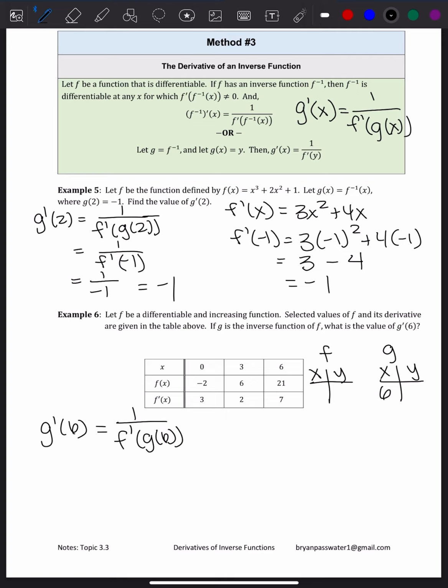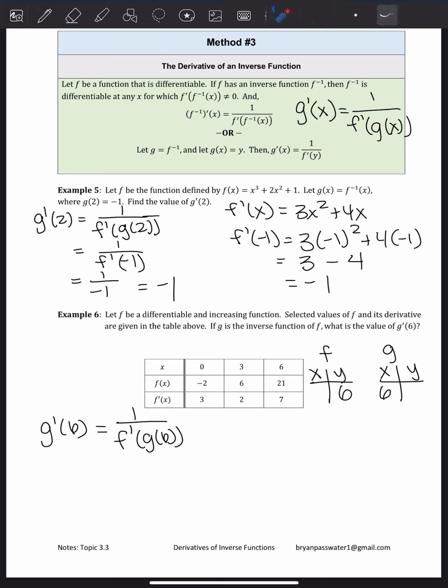We don't have an x value of 6 for g specifically. 6 is on our table, but not the x value of g. When we do our inverse, our x's and y's flip-flop. So if 6 is the x value of g, that means it's going to be the y value of f.